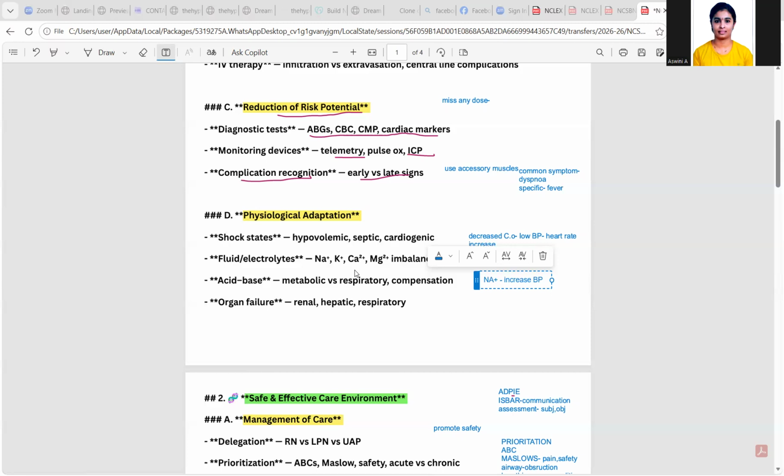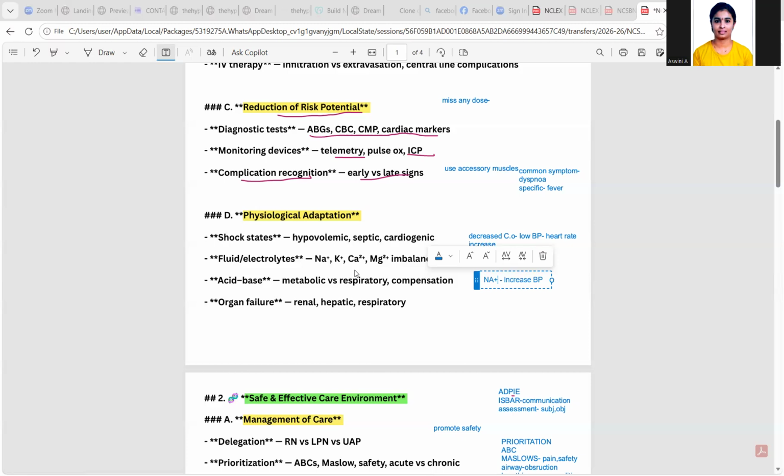Magnesium has a role in the contraction of the heart as well as the reflexes. For example, magnesium sulfate is the management in case of preeclampsia. Before administration of magnesium, we need to check the deep tendon reflexes.